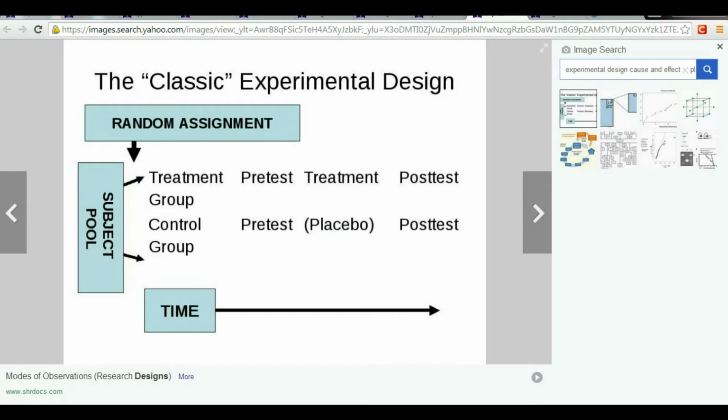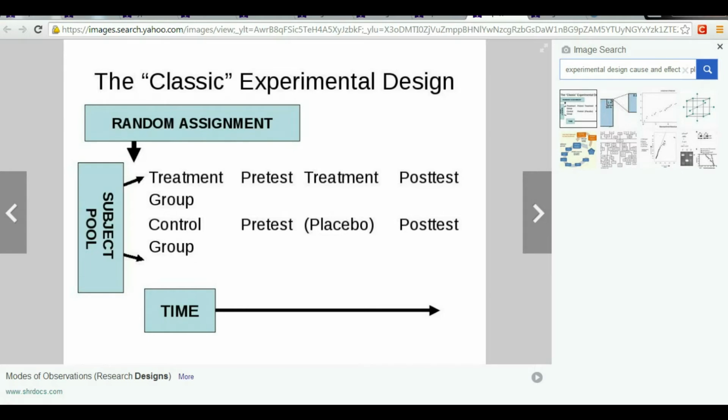Here's a classical experimental design. We bring our group in and divide them in half randomly, into a treatment group and a control group. They come into the hospital, get their blood pressure measured, and then get their treatment.